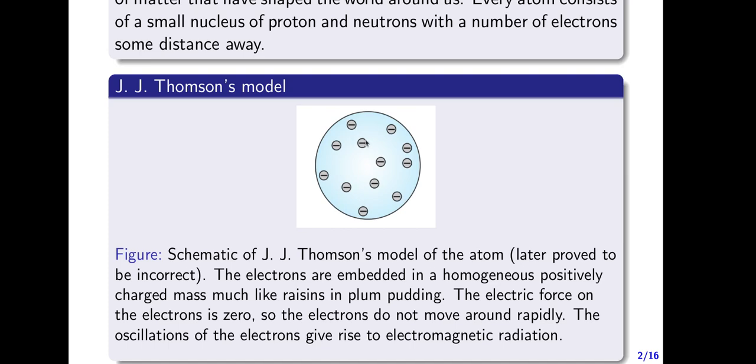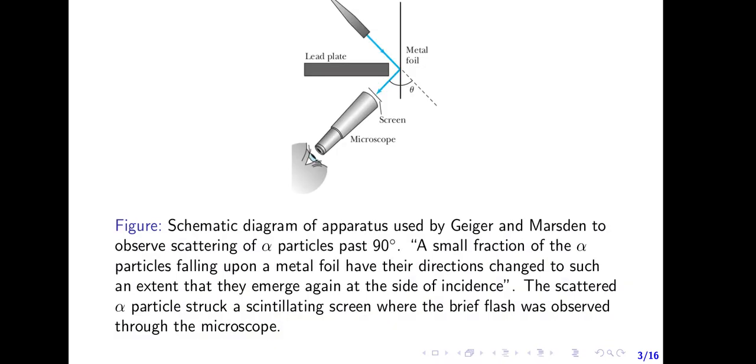It assumes that atoms are just positively charged lumps of matter with electrons embedded in them, like raisins in a fruit cake. But we now know that the real atom is quite different from J.J. Thomson's explanation of the structure of the atom.